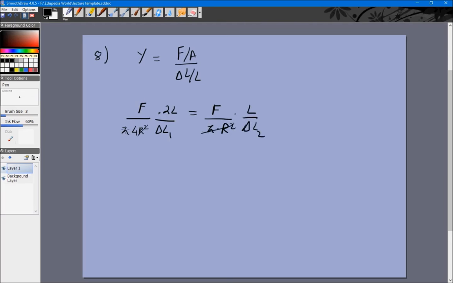Pi r squared go, L and L go, F and F go. So we get delta L1 by delta L2 is equal to, let's see what's left, 2. And that's what we're asked. So it's C, right? Quite a straightforward, simple question.